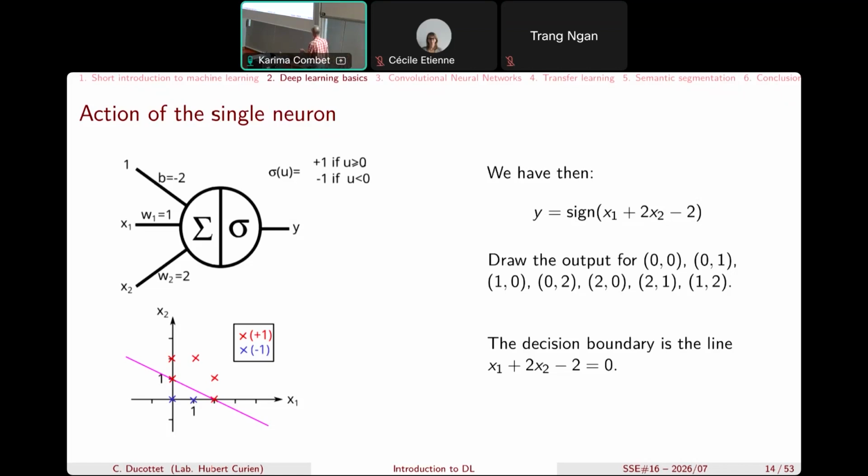And the output of each value, for example, if I take 0, 0 as x1, x2, here we have the sign of 0.